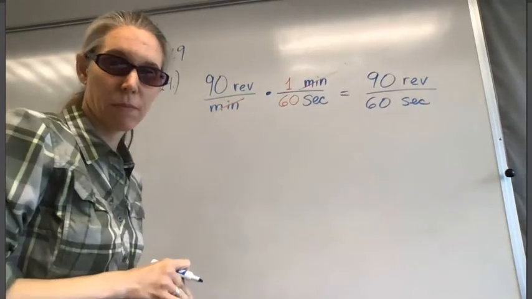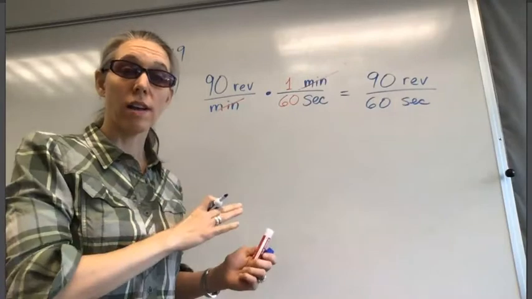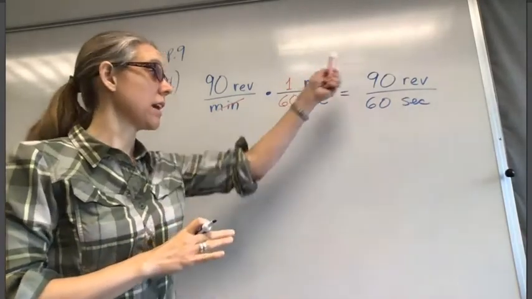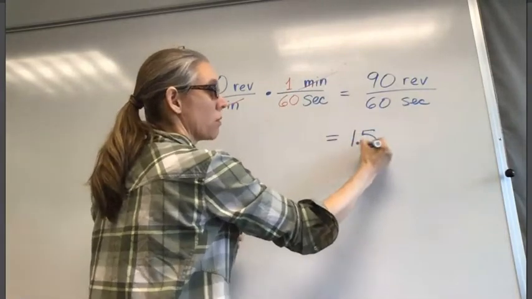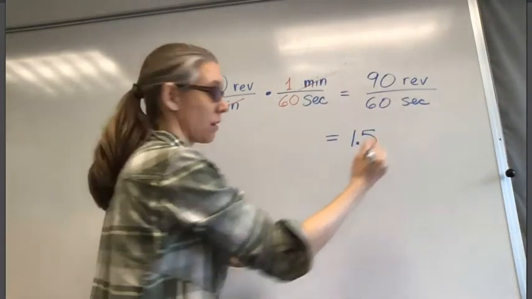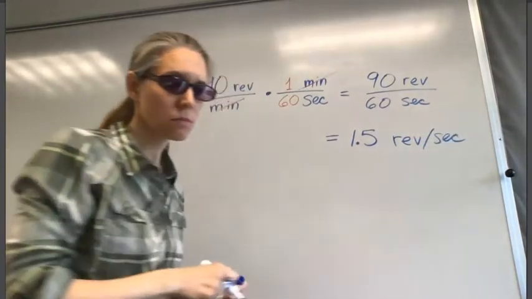When you are giving a unit rate, you always have a 1 in the denominator. So 90 over 60 is the same thing as 1.5. So therefore the answer is 1.5 revolutions per second.